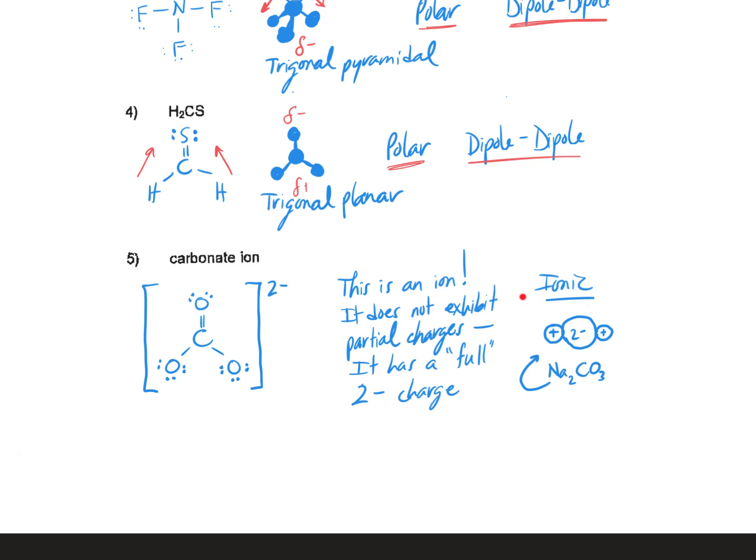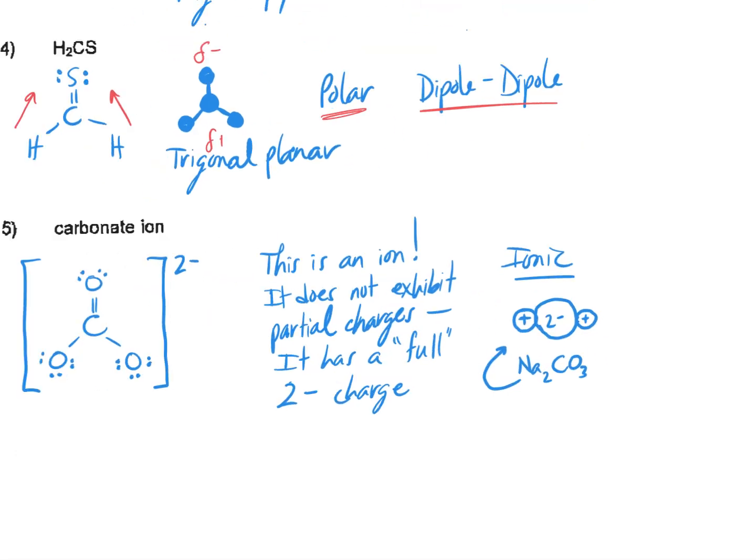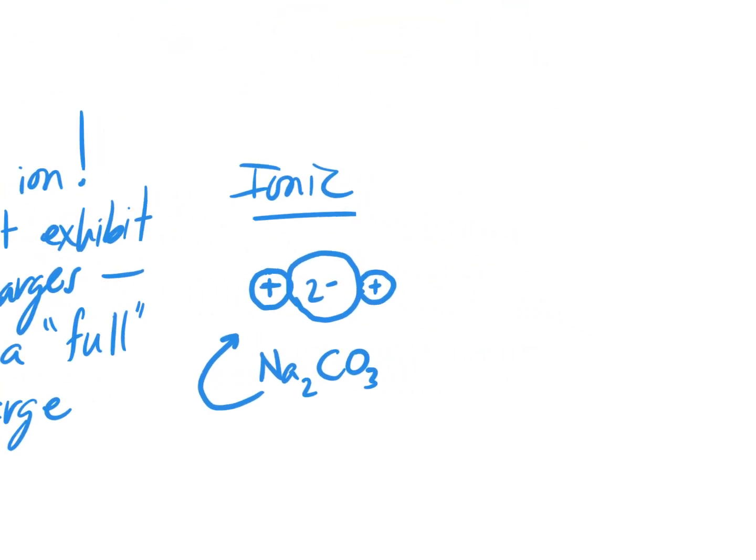It is going to exhibit ionic charge, okay? In other words, if I was to look at a compound, here's sodium carbonate, and I'm just coloring this in because it's fun. Okay, there, sodium carbonate.